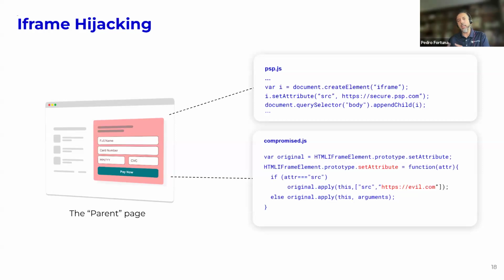Monkey patching in JavaScript means replacing the implementation of a method with another one. Essentially, it works like a man in the middle. Anyone who calls that method after the monkey patching will get the monkey patched version instead of the original one. So it's like a proxy in front of the original implementation, but fully transparent: the code calling that method is not aware that it's calling a monkey patched version.